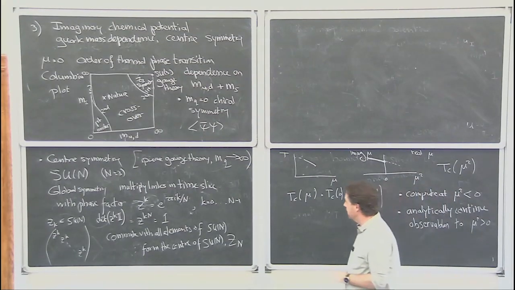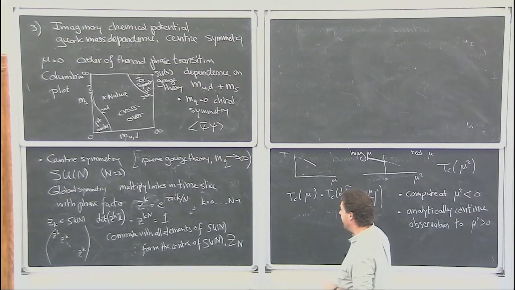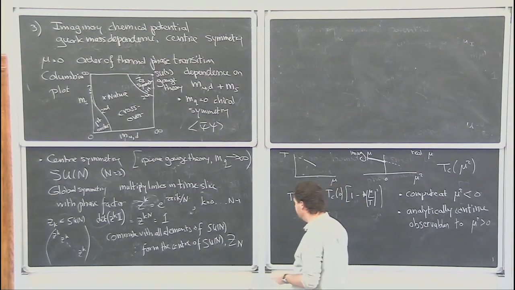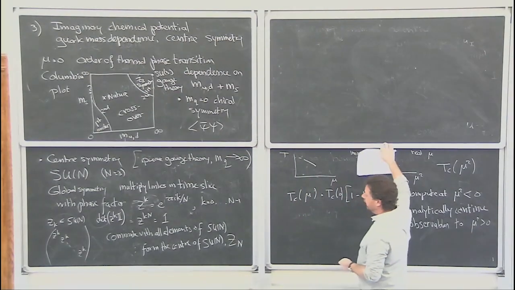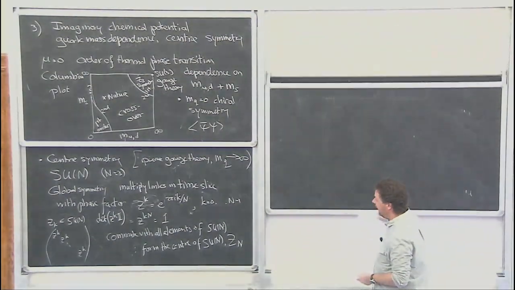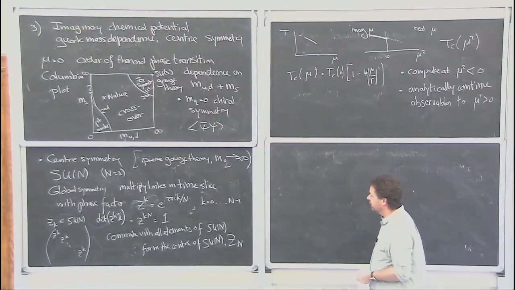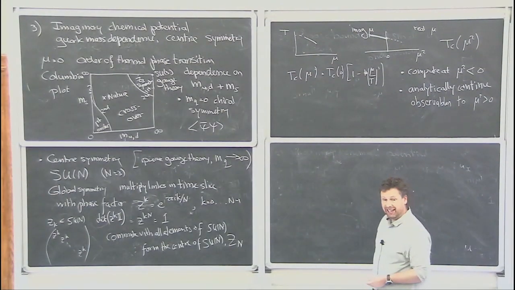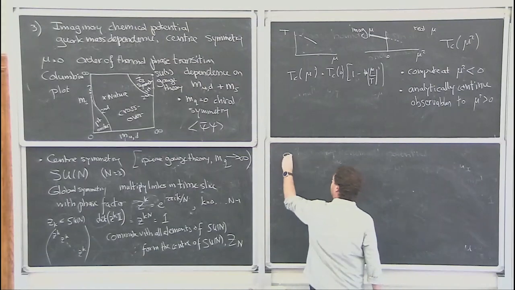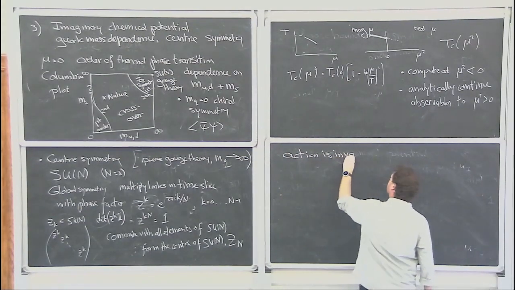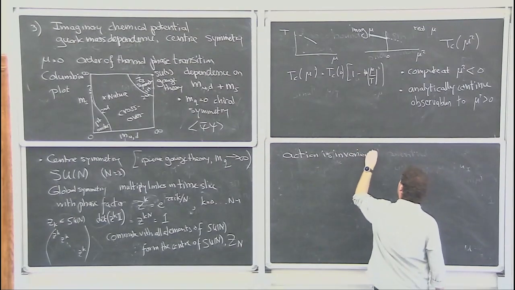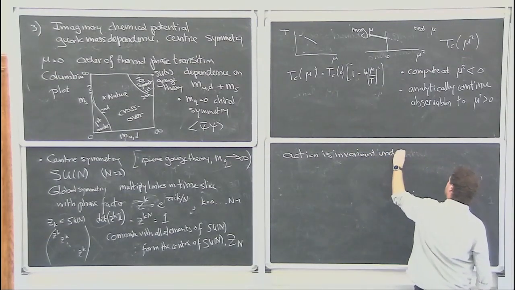So I can multiply every group element with these phases. It commutes. They form the center. And if I think about the action I have, it will actually be invariant if I do this. So the action is invariant under a center transformation.